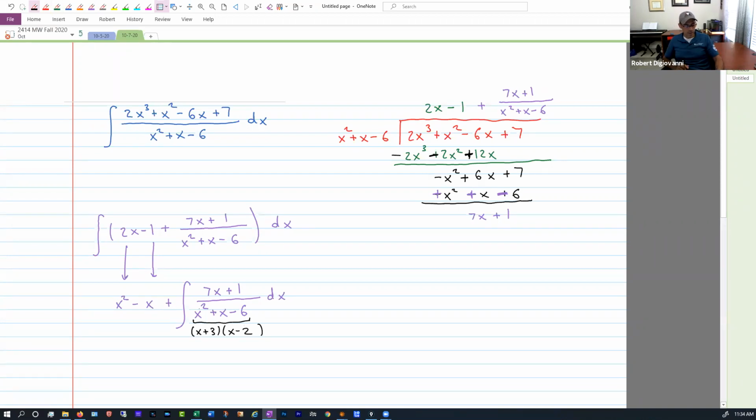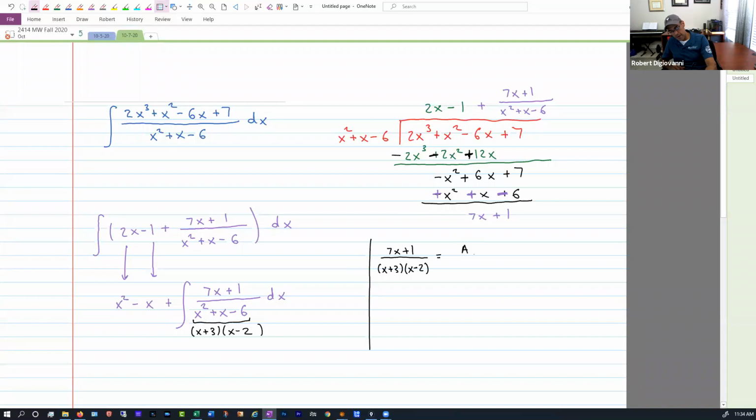So, Alex, how would you approach that? Then it would be the partial fraction decomposition. Yeah, then you just do the partial fraction. So we're just going to rewrite 7x plus 1 over x plus 3 times x minus 2. And then each of those are linear factors.